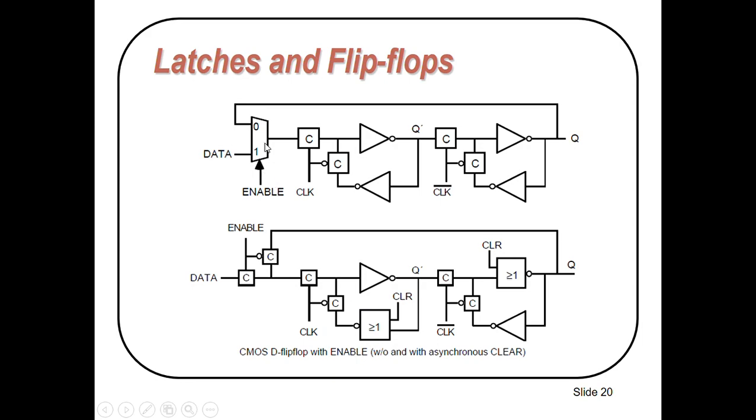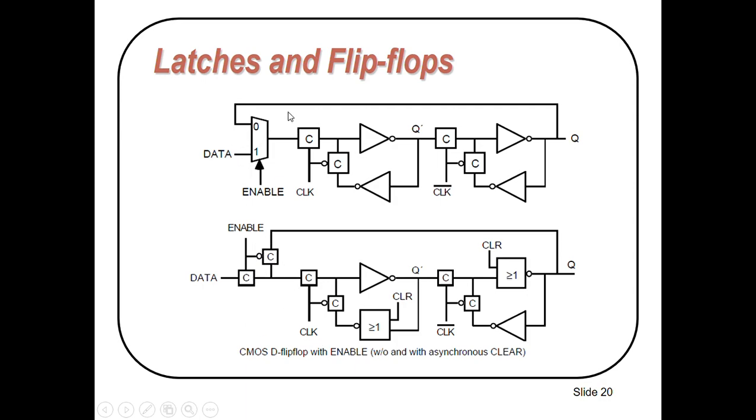Here this is the implementation of a CMOS D flip-flop with enable. Here we just placed an additional multiplexer with enable. Again this is the master and this is the slave. Again we have applied this two-phase non-overlapping clock and this is the enable circuitry. We can replace this enable circuitry by using C switches.